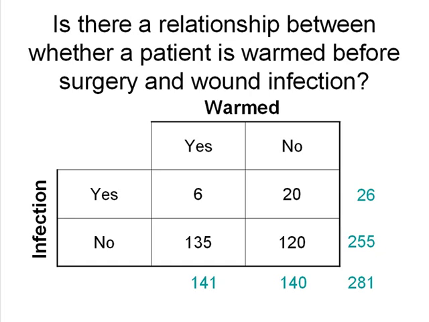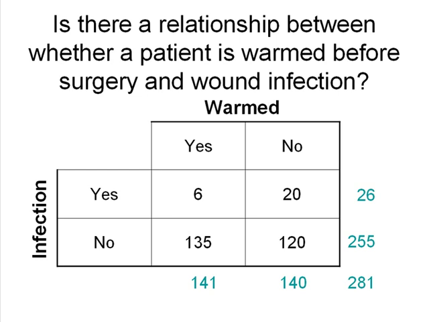Or we could say that there were 255 people who were wound infection-free. Of those 255 that were infection-free, 135 of them were from the warmed group, and 120 of them were from the non-warmed group. Do you see any relationship there?